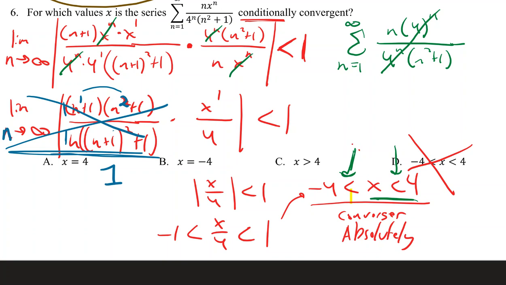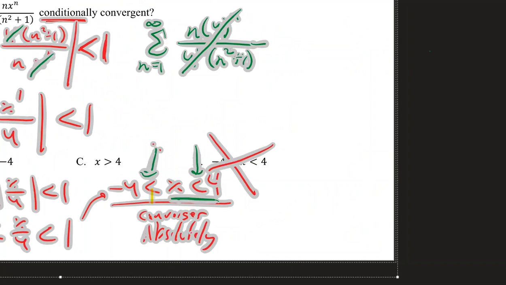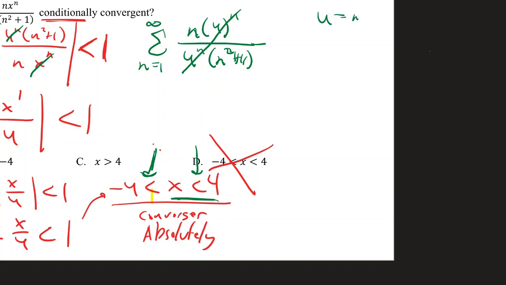So you could test this on its own. Honestly, the only way I think I could do it quickly would probably be the integral test, would be my guess. Basically, I'm just plugging in 4 for x, and then I'm working it as its own question.